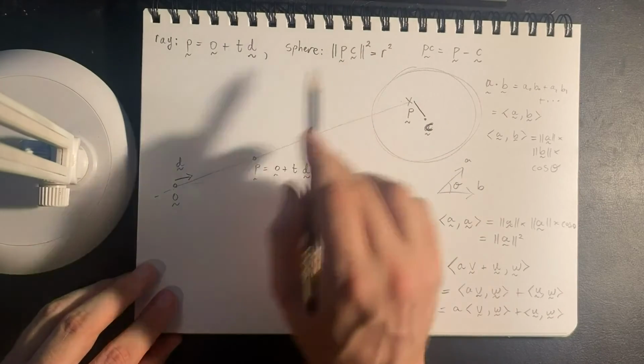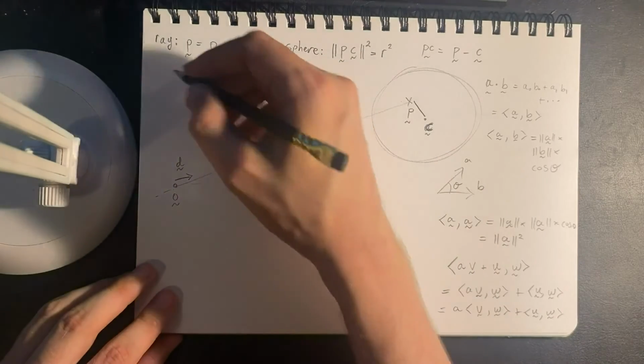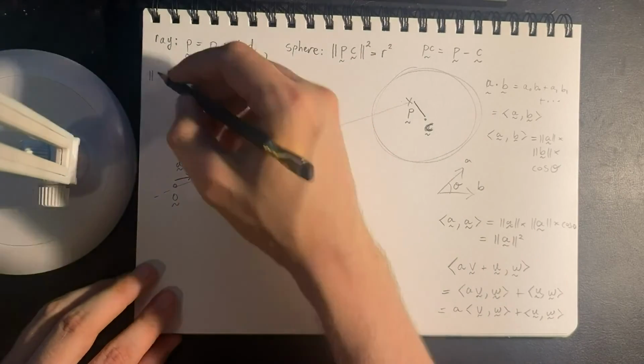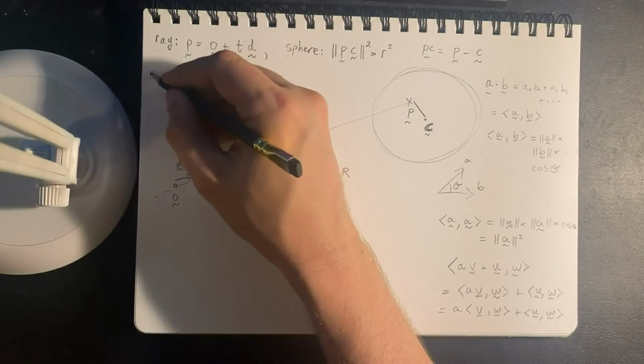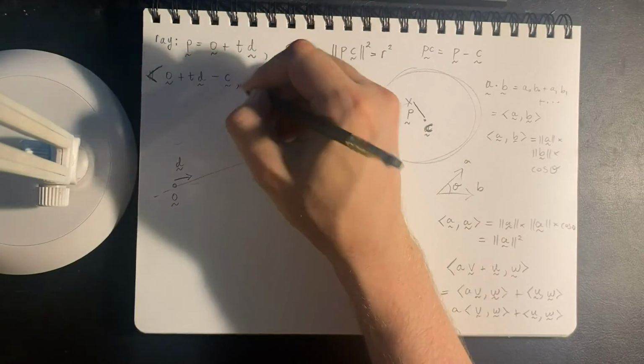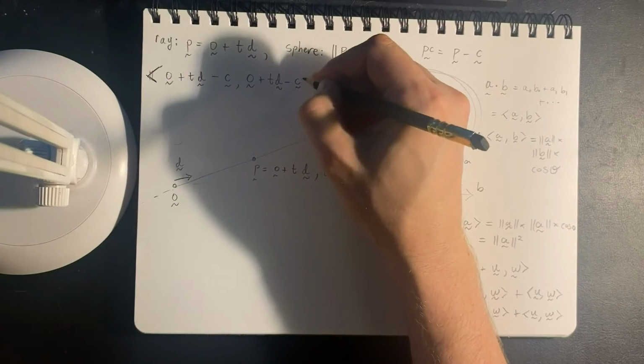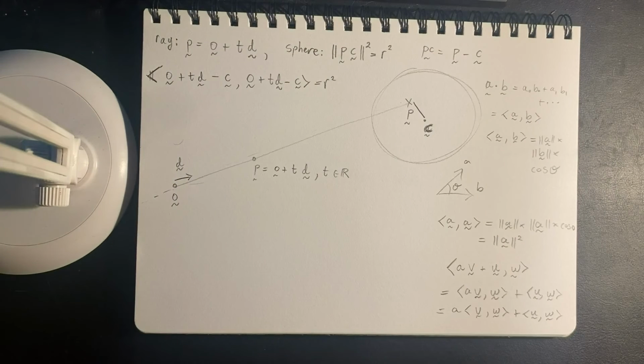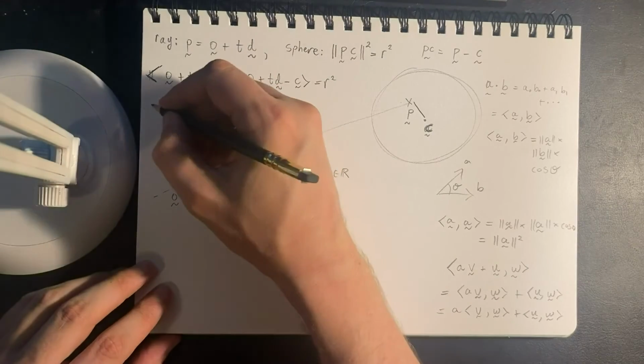If I investigate this function here, this PC is given by this expression here. Now this is going to be a little bit messy, but what I'll try to do is split up the left side of this inner product. I'm going to run out of space, that's fine.